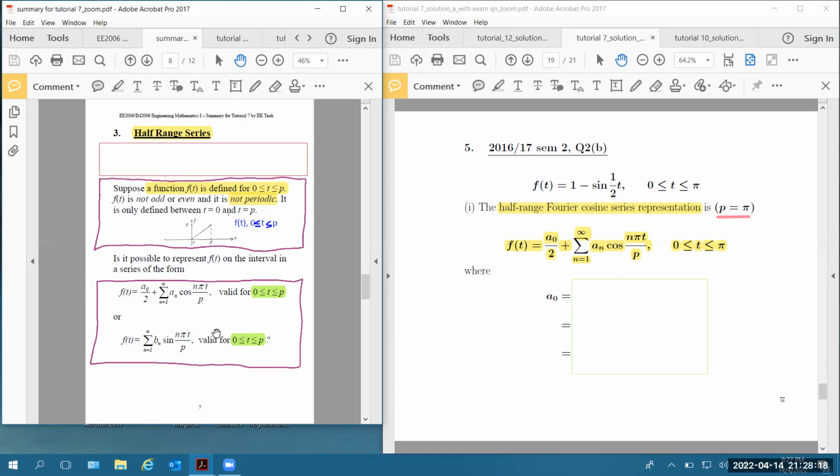Look at the box here. The first formula is the half range Fourier cosine series because it only involves the cosine. And then the second one is called half range Fourier sine series. And of course, the principle behind how we get these two is that we extend the original function. When you see the original function is from 0 to p, right?